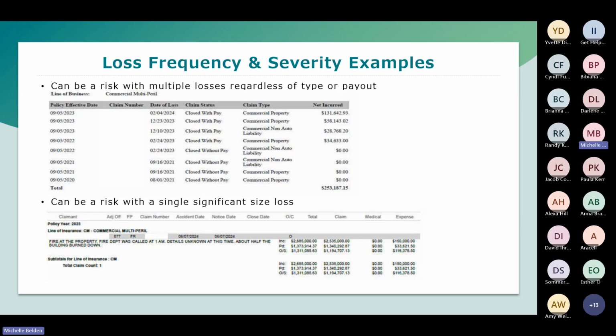In our bottom example, we can see that this claim is extremely large. It's over $2.6 million that they have in this loss, because there was an extremely large fire that damaged a good portion of the building. So in this example, they've only had one loss, but because of how big it is, that will affect market availability.